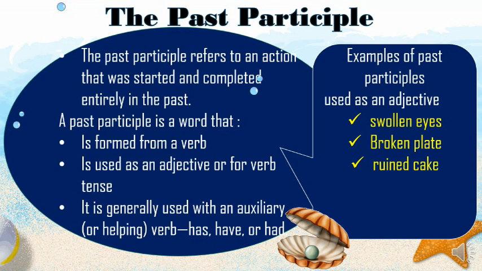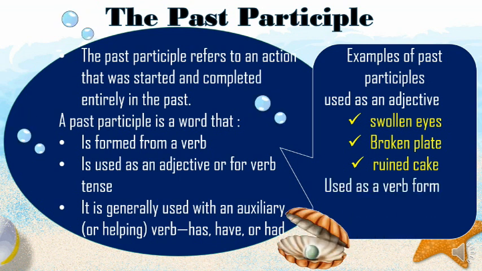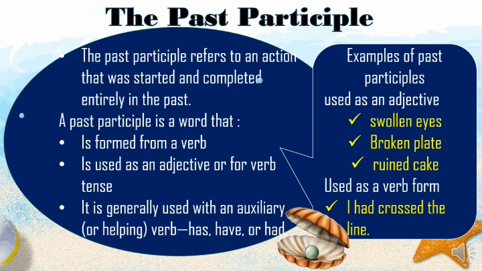Here, broken plate. See, to describe the plate, we are using broken. And to describe the cake, we are using ruined. So ruined means everything has gone wrong in the cake and somebody might have smashed it or something. Okay, and then here we have used it as a verb form. Let's see how it is used: I had crossed the line.